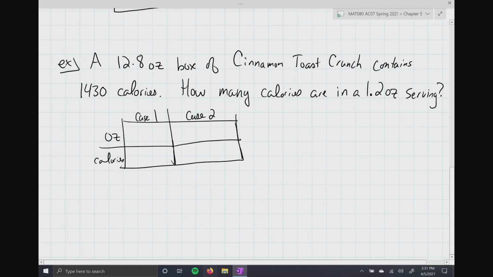If you decided to use a table, I went ahead and kind of set it up to see if that helped you a little bit.